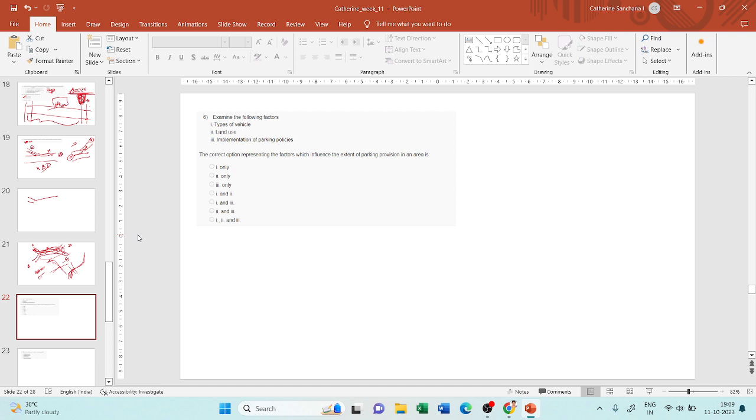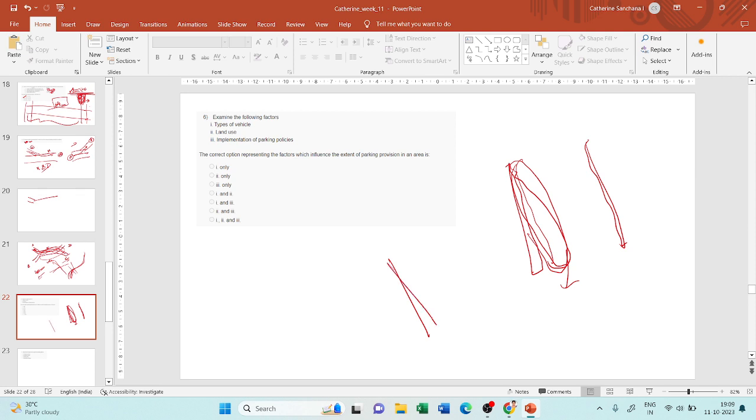One is on-street parking. So this is my road. This is my curb, that is a raised section. You can park your vehicles in this region. Based on how you park your vehicles, there are types also.